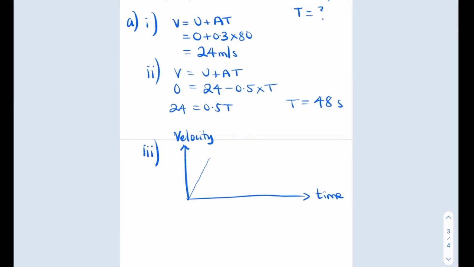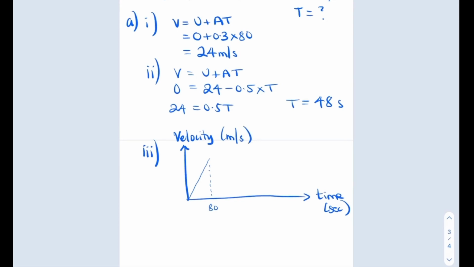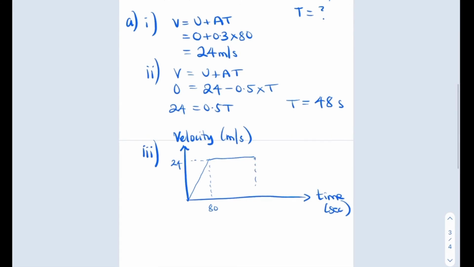That took us to about 80 seconds, with time in seconds and velocity in meters per second. Then it's constant velocity at that 24, for some period of time.